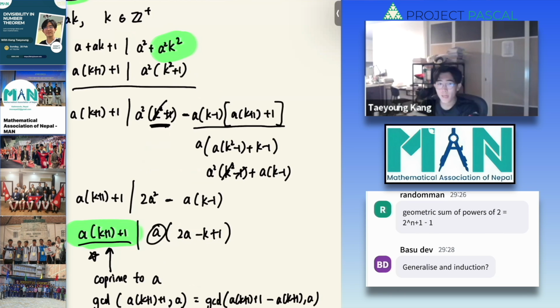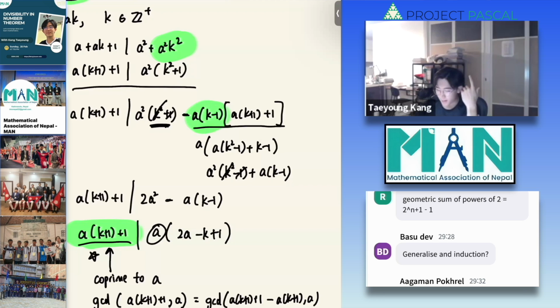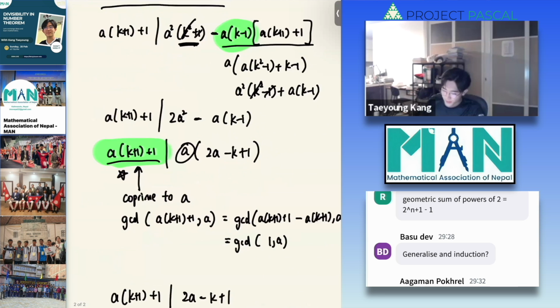The way you do that is by using long division. You try to subtract away as large a k value as possible, and in this case, you do so by multiplying by a times k minus 1. After that, you get an expression like this.